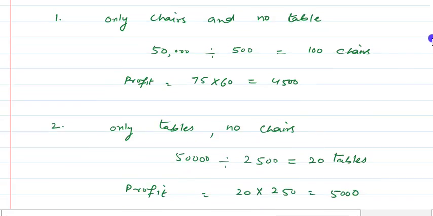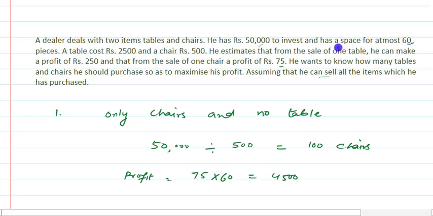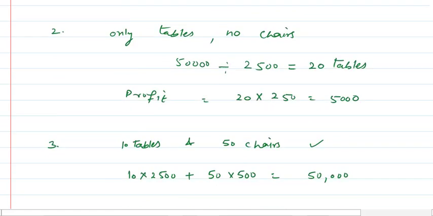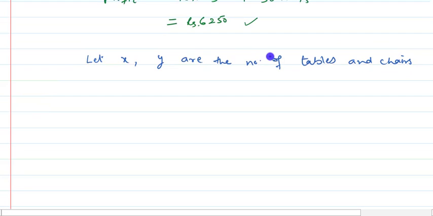Let X and Y be the number of tables and chairs. So as per the question, he is having space only for 60 items. He can store only 60 items. So we are having X and Y as the items, means tables and chairs.